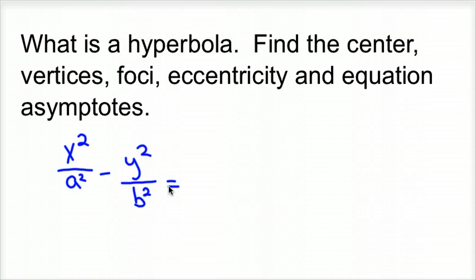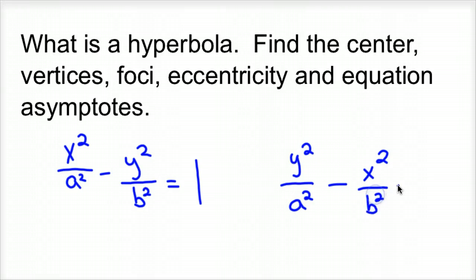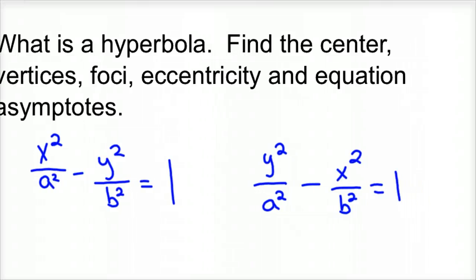I'll do another video when it's not at the origin. You could have two forms. You could have this, or you could have this. I think it's easier just to see real life examples, but those are the two general forms you'd have.